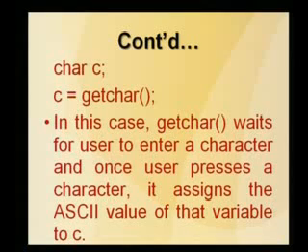Simple example: char c; c = getchar(). In this case getchar waits for the user to enter a character, and once the user presses a character it assigns the value of that character to the variable c, that is always in terms of ASCII value.